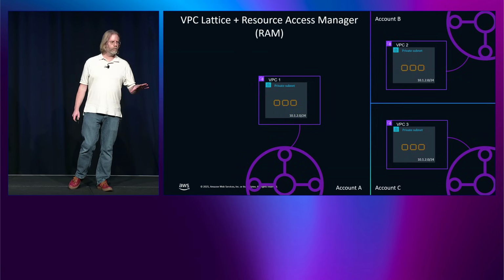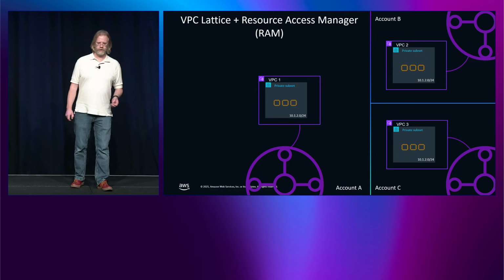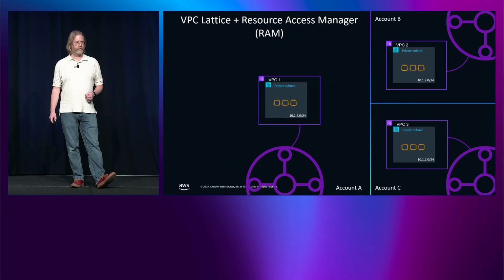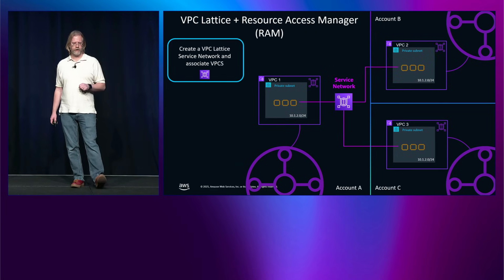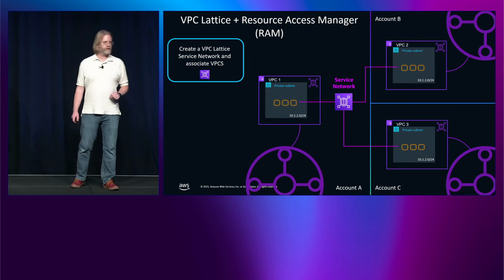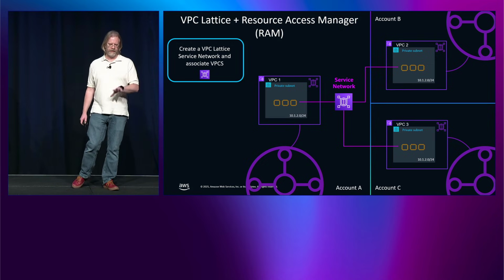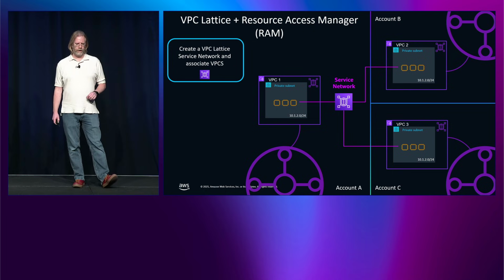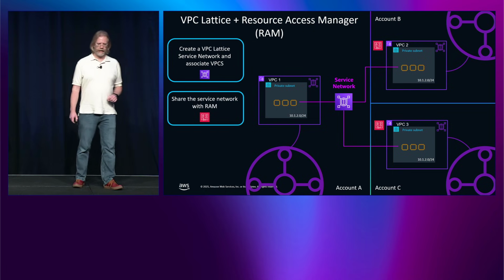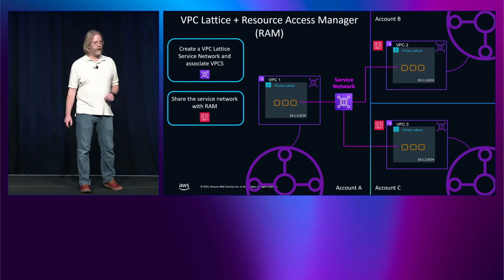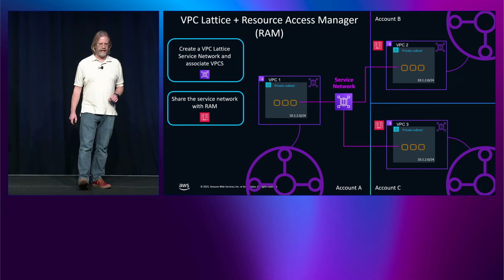One key piece for sharing Lattice across accounts is RAM, our Resource Access Manager, which allows us to share our service network. The first thing we have to do is create it. We create our service network, and then we associate our VPCs to the service network, and that's going to be in account 1. The second account is going to share their service network, and accounts B and C will go ahead and share their services, and we can then connect them together.